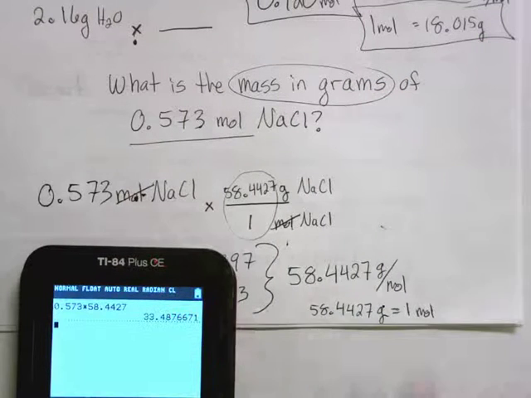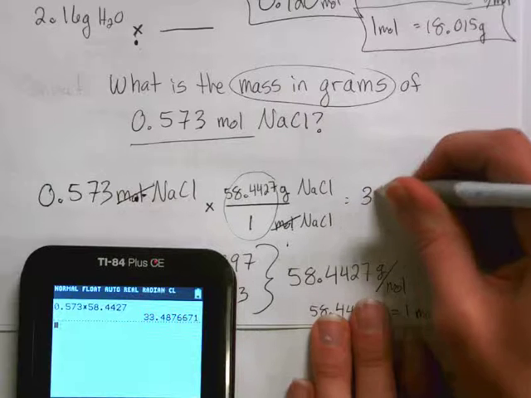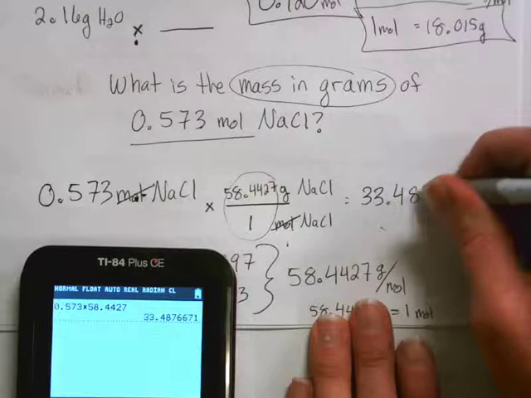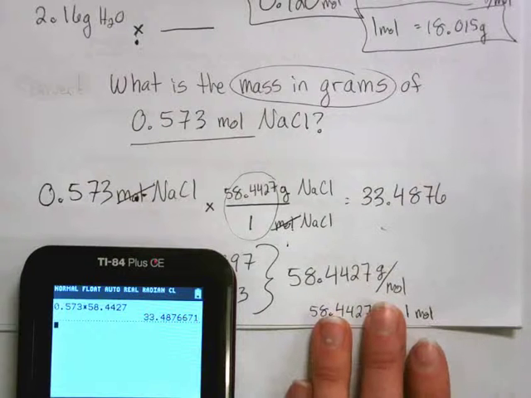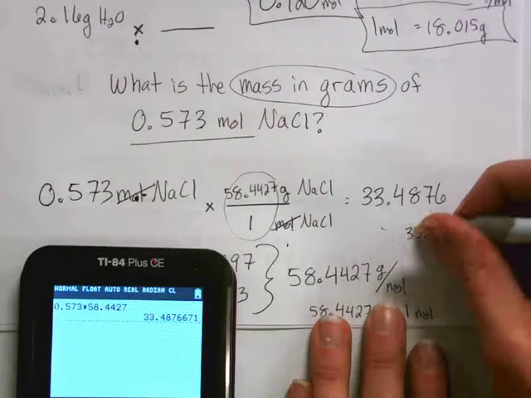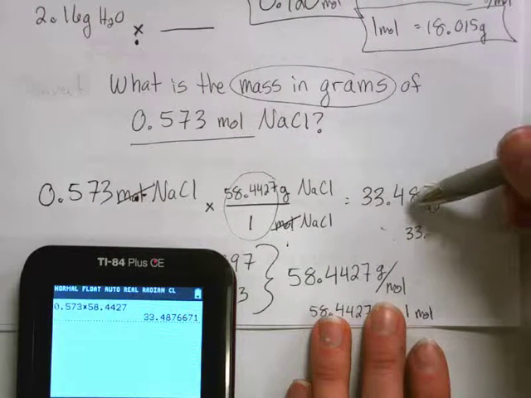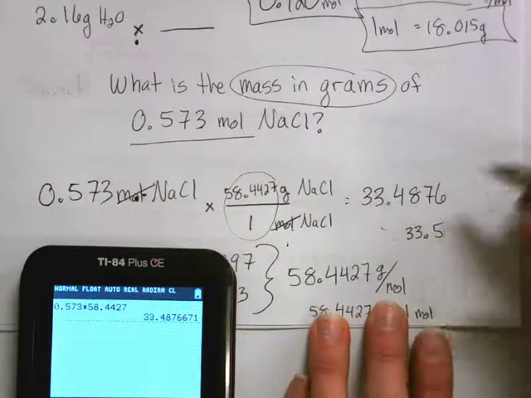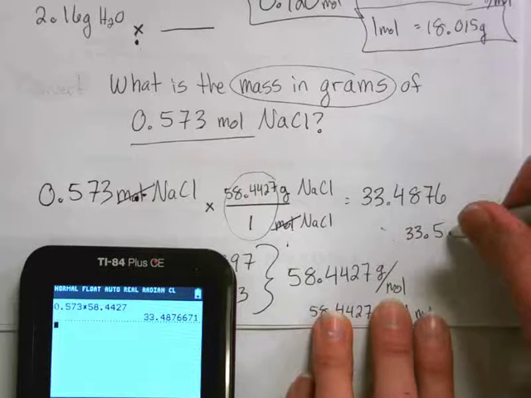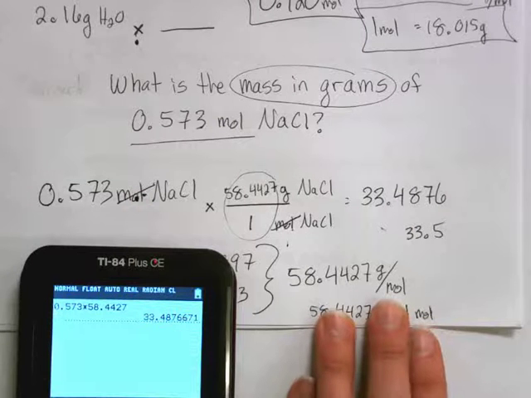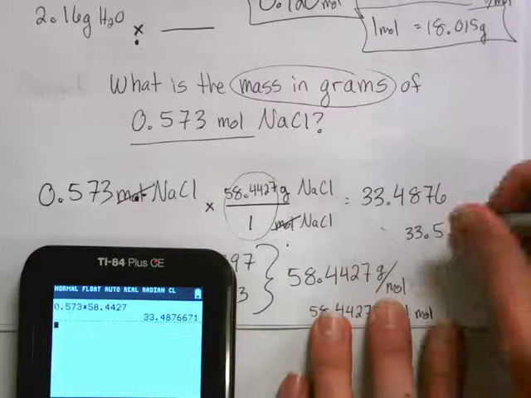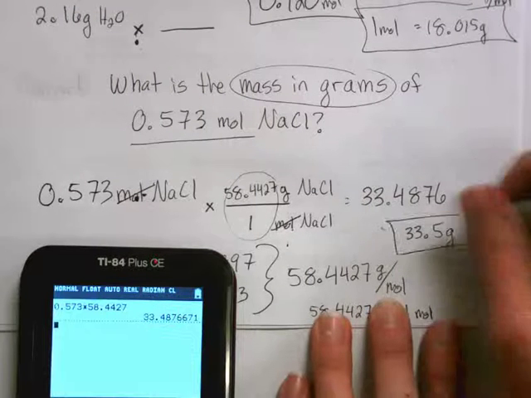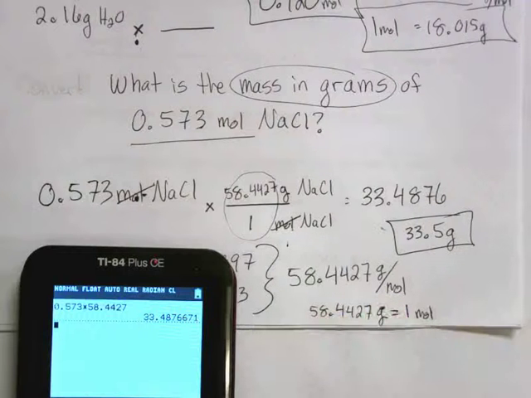So I just care about those two being multiplied together, equals, I get 33.4876, and it keeps going. Again, I only need 3 digits. So let's round this to 33. That 8 would round that 4 up to 5. 33.5. Include your units. Our moles canceled out, so we are left with just grams.